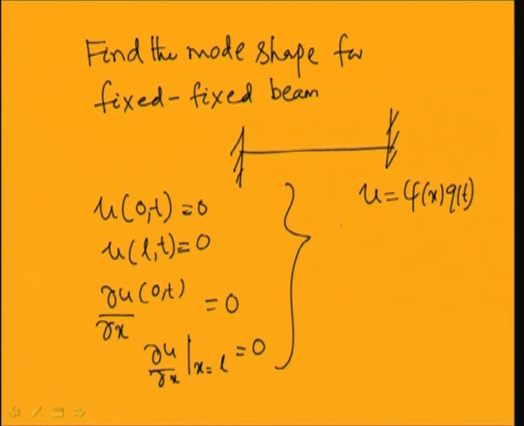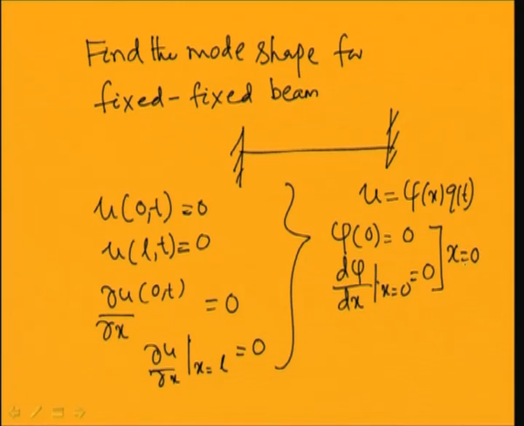So, we can write psi 0 equal to 0 and d psi by dx at x equal to 0 equal to 0. This is at the left end, that is at x equal to 0.